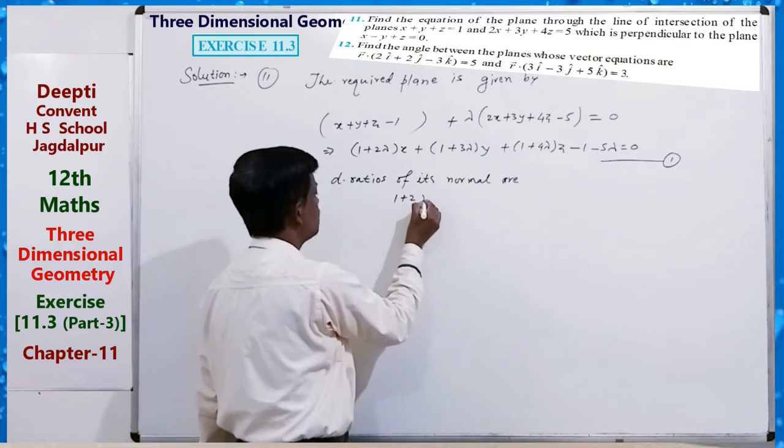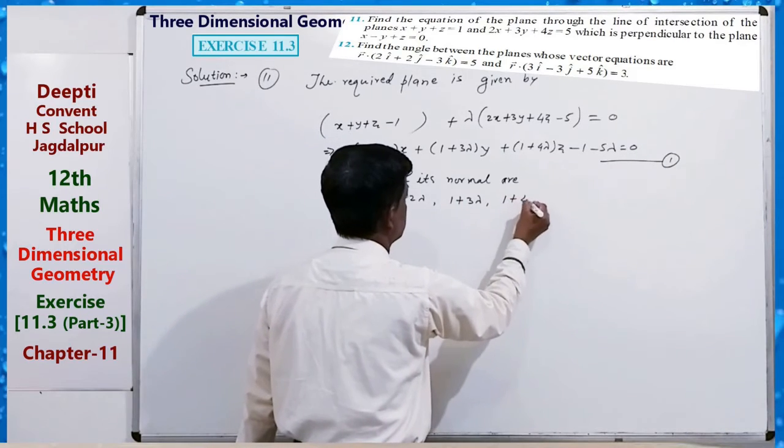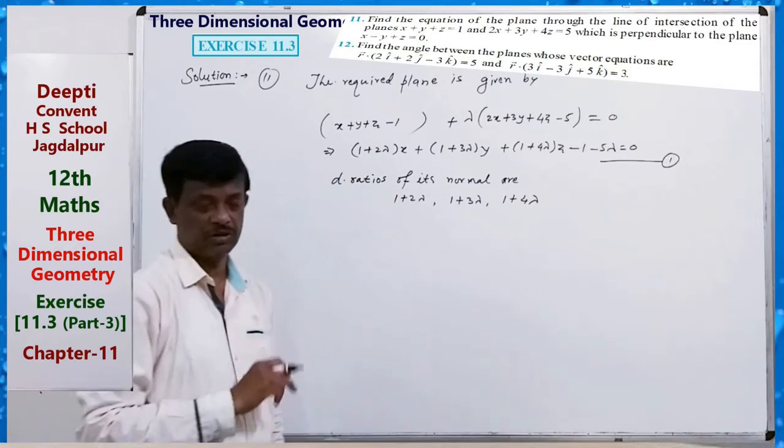So 1 plus 2 lambda, 1 plus 3 lambda and 1 plus 4 lambda are the direction ratios of its normal.